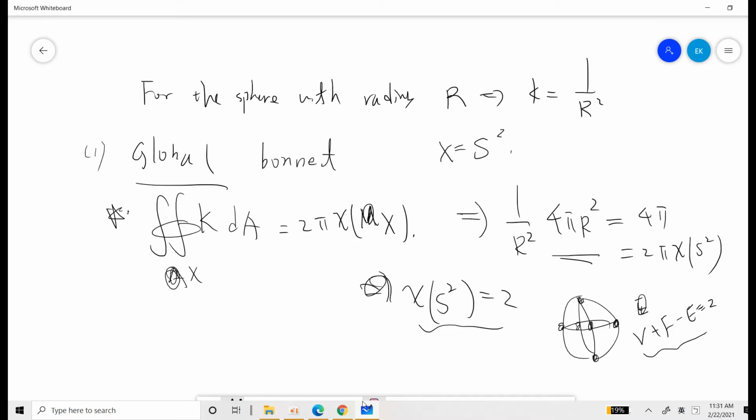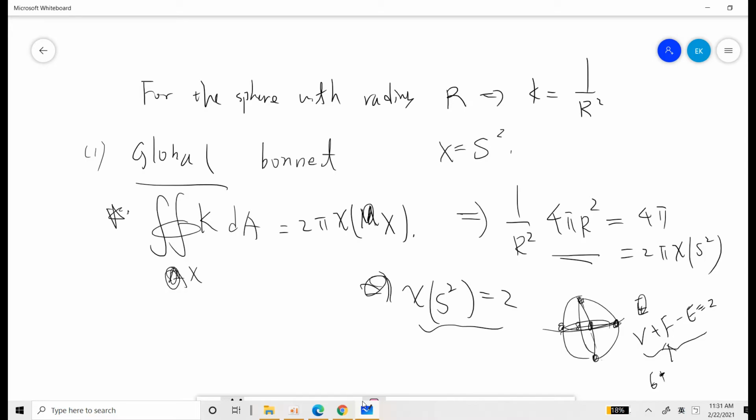If you cut 2 equators, then you can count. Maybe let's count it. I think there are 4 faces. Let's say we have 1, 2, 3, 4, 5, 6, so 6 vertices.